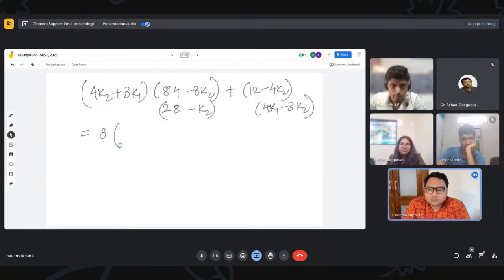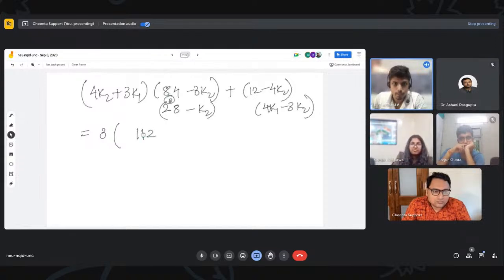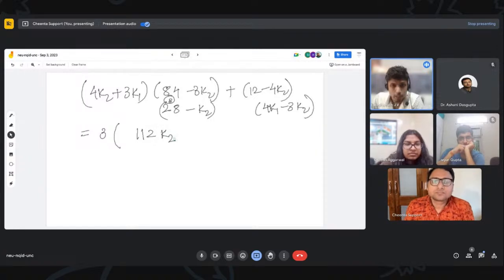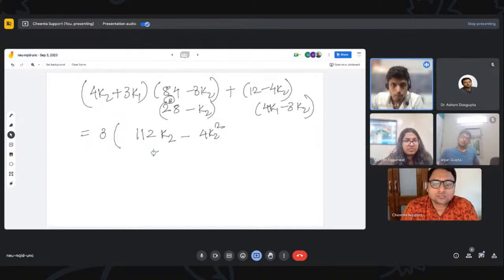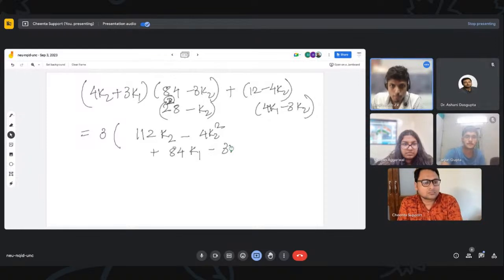If I multiply these two, I will get 8 4s are 32, 3, 4 2s are 8, 9, 10, 11 k2, minus 4 k2 square, plus 8 3s are 24, 2, 3 2s are 6, 7, 8 k1, minus 3 k1 k2, plus, take 4 common, you will get 3 minus k2.